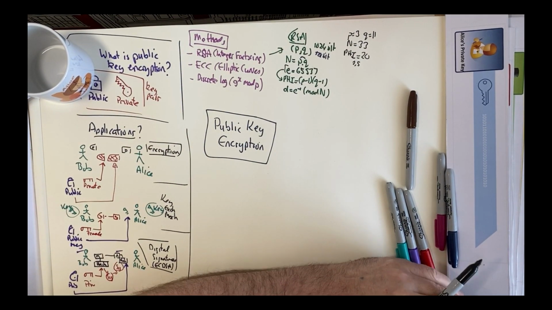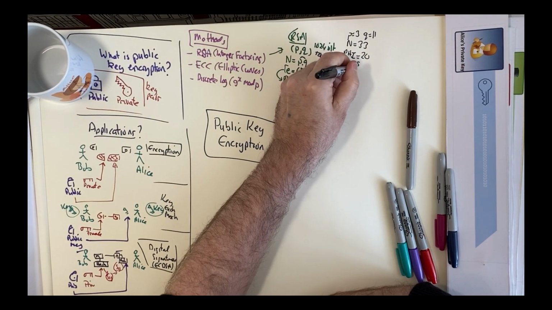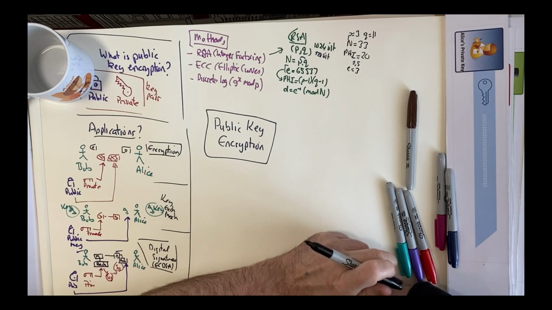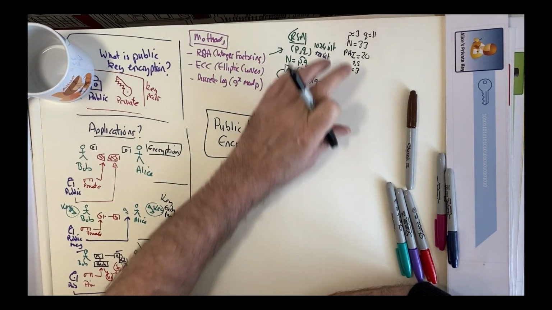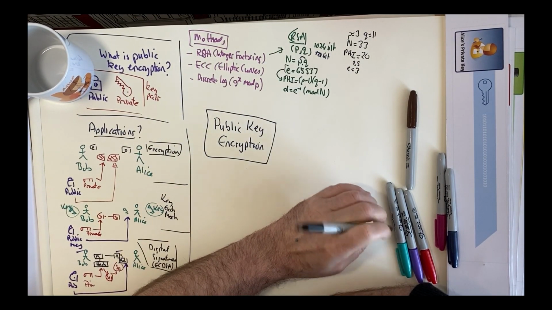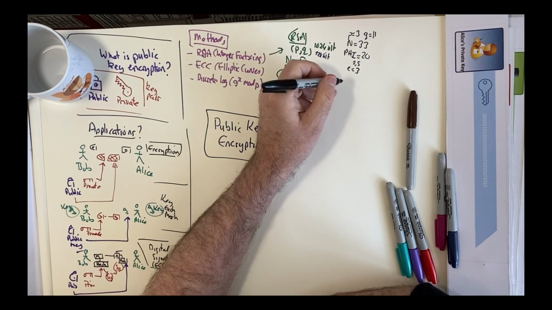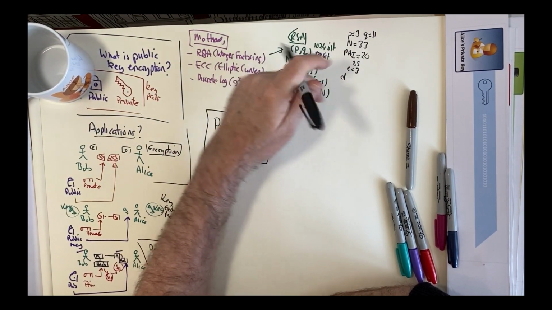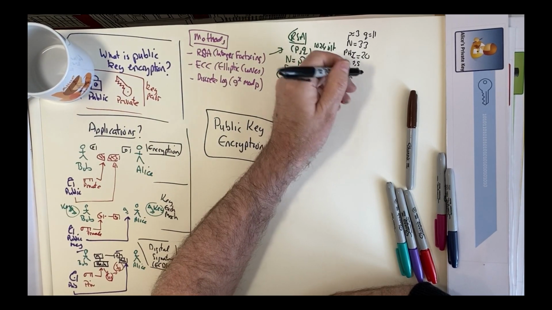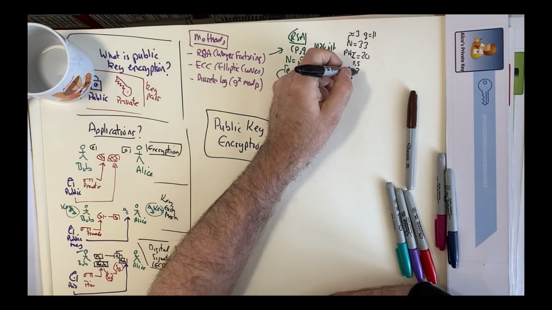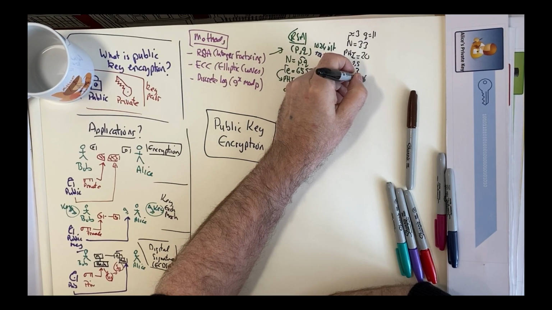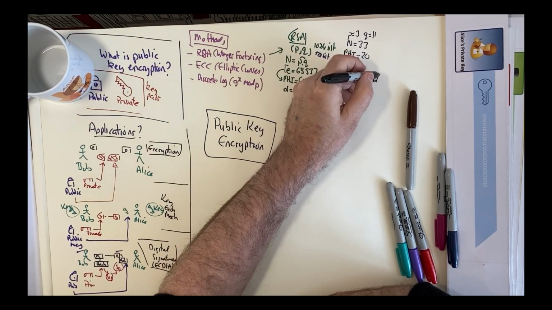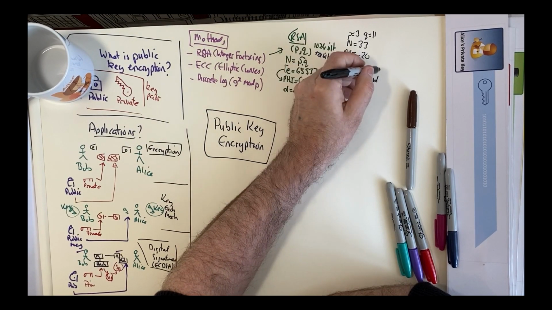So if we select a value of E equals 3, then it doesn't share a factor with phi. Now what we do is we work out the inverse of E, and if we want to do it long-handed, then we can compute it like this.